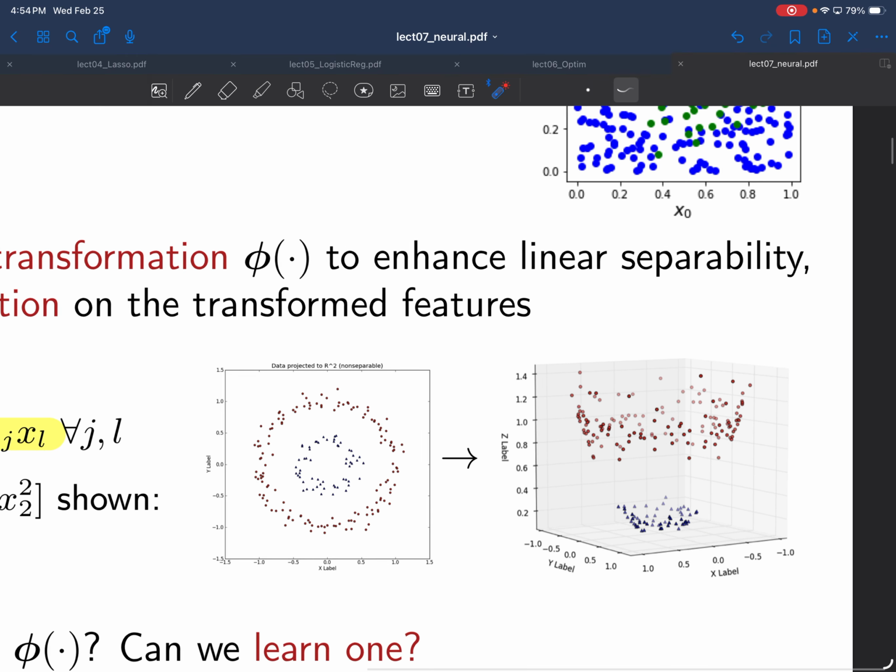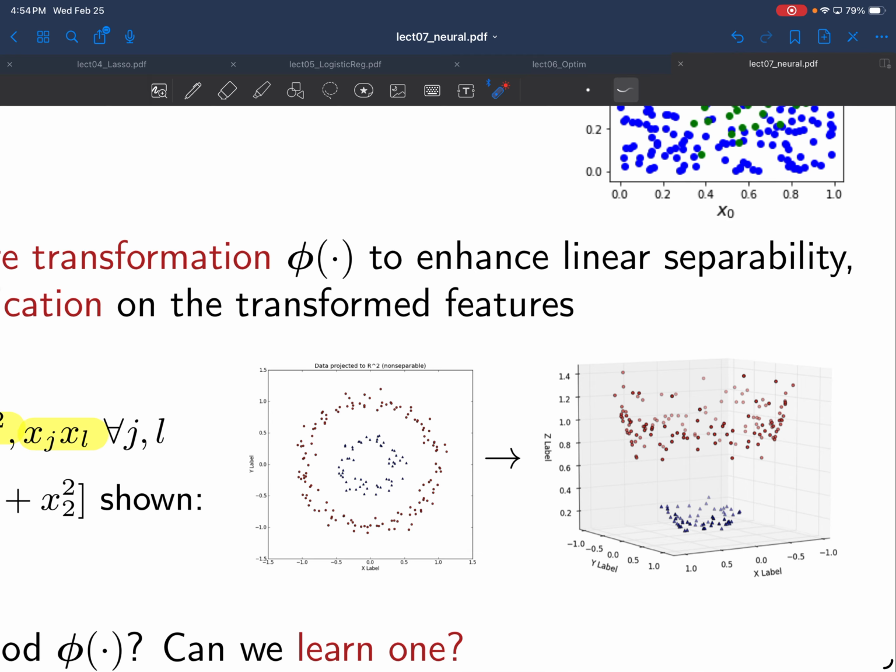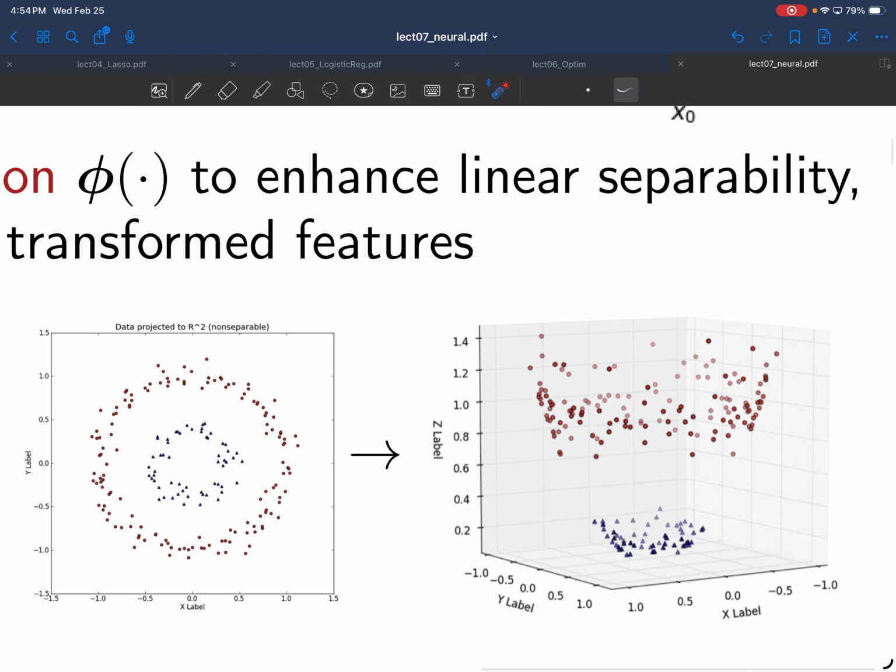So the point is that these nonlinear transformations of features can be incredibly powerful. They can allow you to apply simple methods to more complicated data sets and just have them work. But the hard part here is choosing that feature transformation. If you don't really know how to choose it, you're just kind of searching blindly, maybe for something that works.